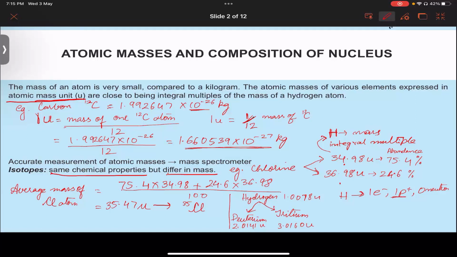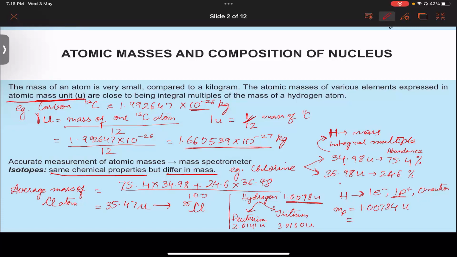So we can say that the mass of the hydrogen atom corresponds to the mass of the proton. From this we can find the mass of the proton. The mass of the proton is 1.0784 because hydrogen has only one proton. The entire mass of the hydrogen is of the proton itself.